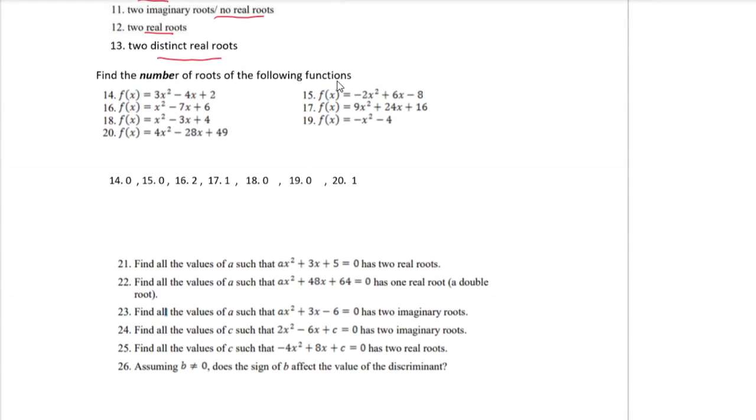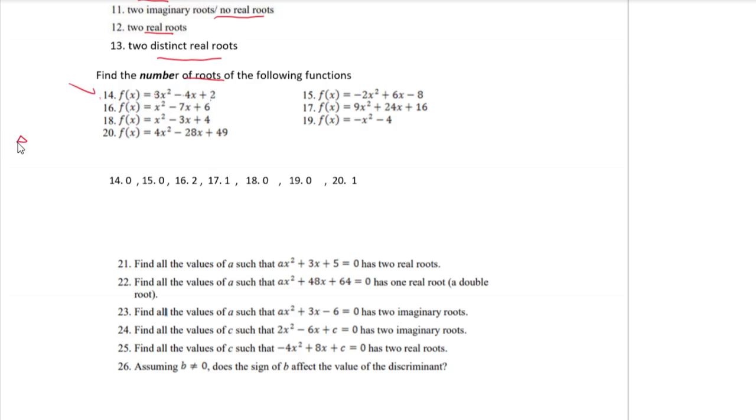Find the number of roots of the following functions. We solved this also. The number of roots means find delta, which is b squared minus 4ac, and you'll do the same as the previous question. In this question, for example, a is 3, b is negative 4, c is 2.